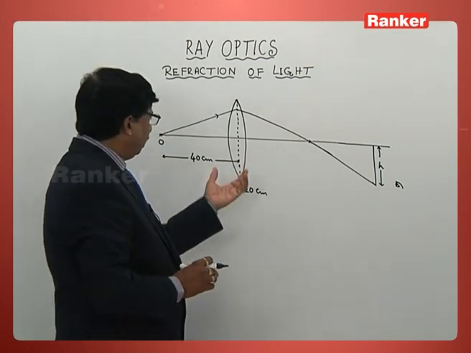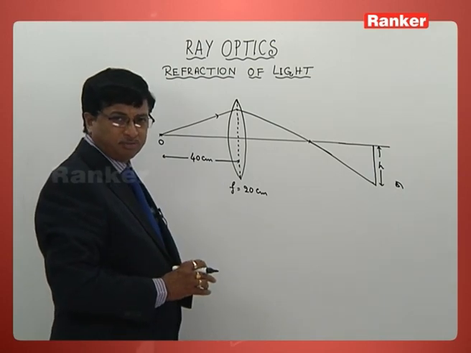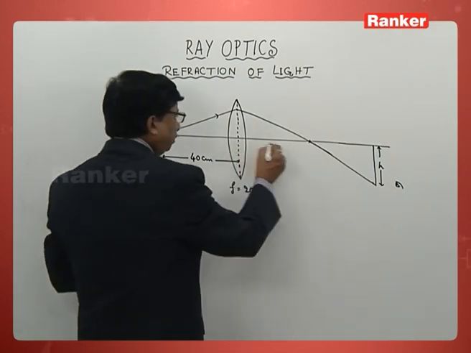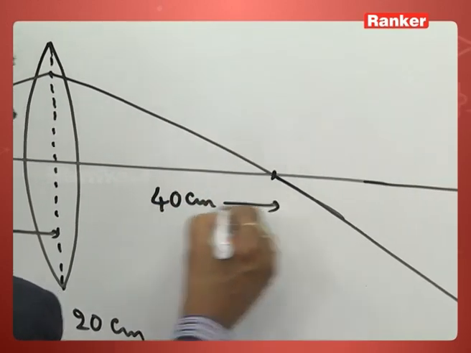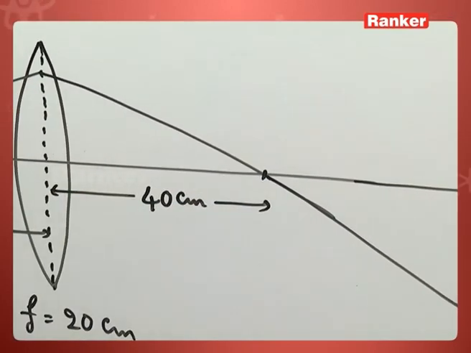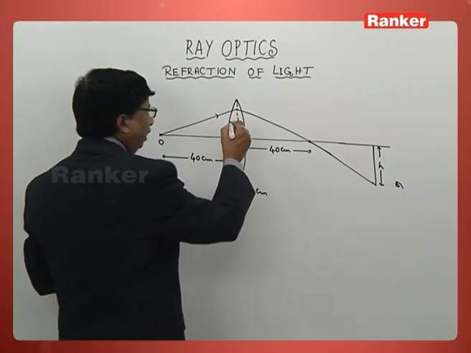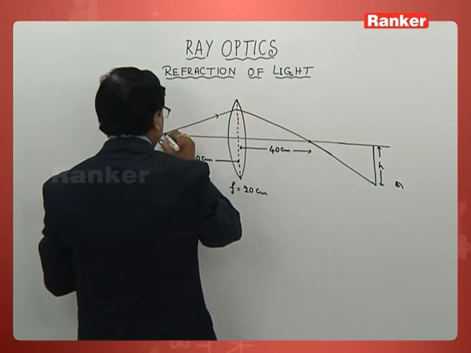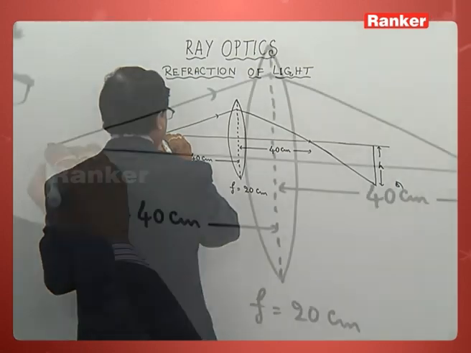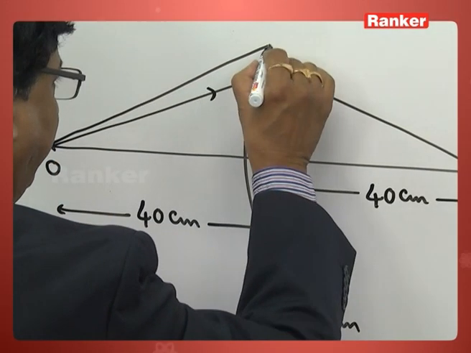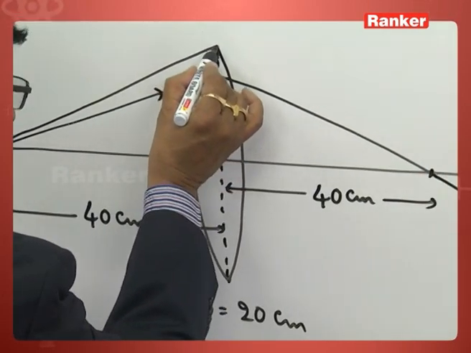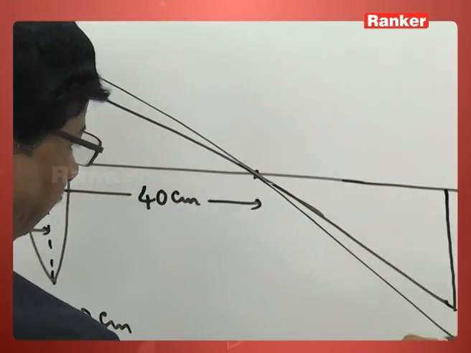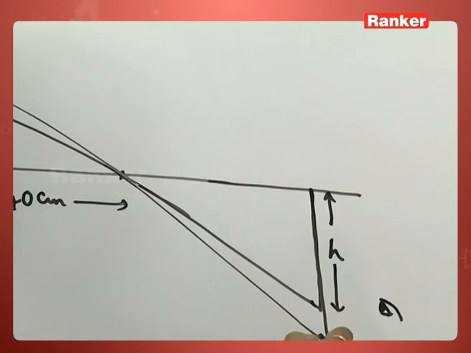So certainly you can understand in this particular case, this particular distance now is going to be 40 centimeter. And we know very well the total diameter, that means if I just take the ray just striking at the edge, that ray once again just goes through this one and the final image is going to be formed somewhere here.